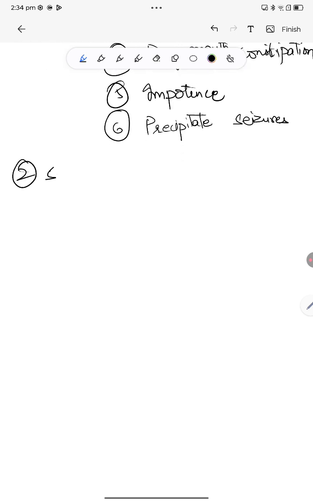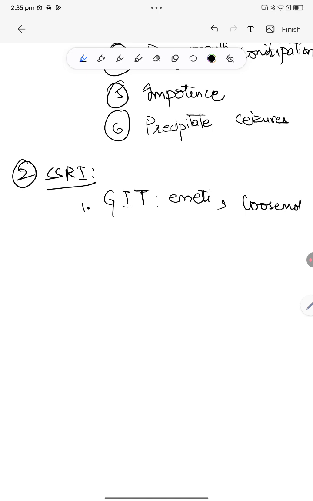These are the adverse effects of TCAs. Now we will talk about adverse effects of SSRIs. On comparison with TCAs, SSRIs are better drugs. The only prominent adverse effects we see are GIT effects, because of 5-HT3 receptor stimulation. They are known to cause nausea, vomiting, and some loose motions, diarrhea.